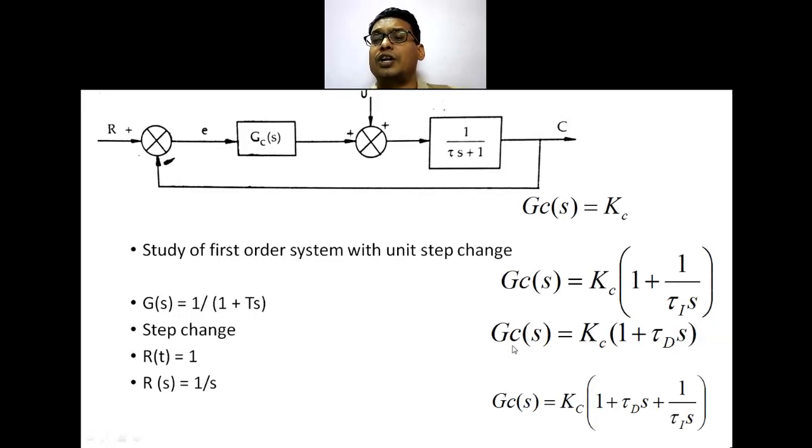Then the transfer function of a controller with derivative action is Kc into bracket 1 plus tau D s. Similarly, for proportional, integral and derivative action, the transfer function is Kc into bracket 1 plus tau D s plus 1 upon tau I s.